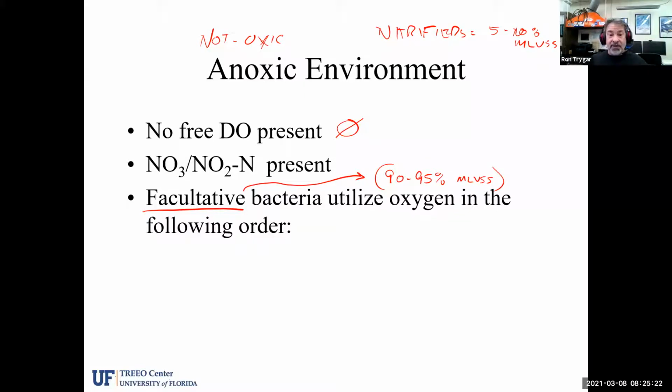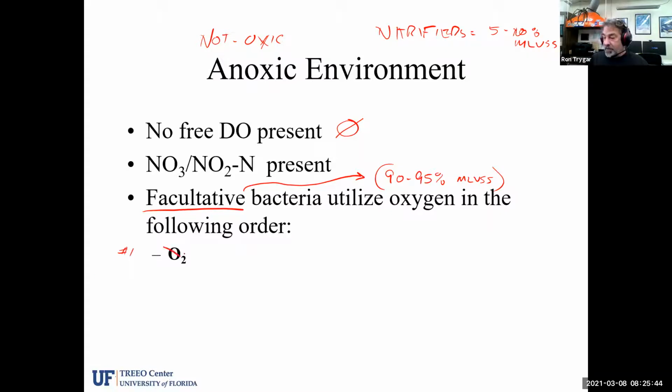So these bacteria will utilize oxygen in the following order. And now remember that this is so that they can consume or oxidize carbon that they are trying to consume and use for growth and reproduction. So if oxygen's present, this is number one on the list. Number one on their list is oxygen. They say we have free dissolved oxygen, we're good to go.